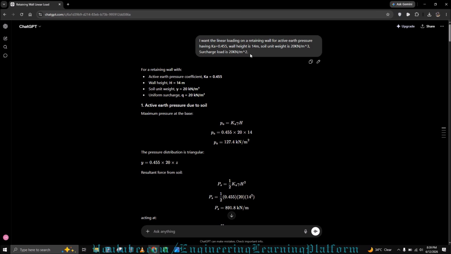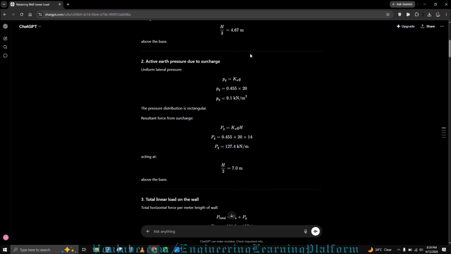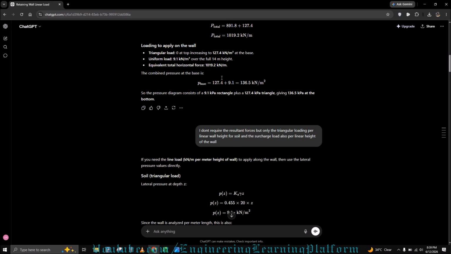The output I require is not in the form of force, but it gave the output in the form of force. So once I got this output, I told the AI that I don't require the resultant force, but only the triangular loading per linear wall height for the soil, and the surcharge load also per linear height of the wall.